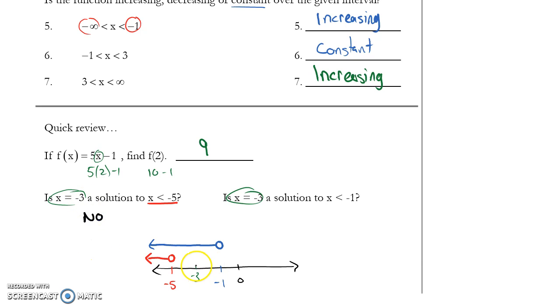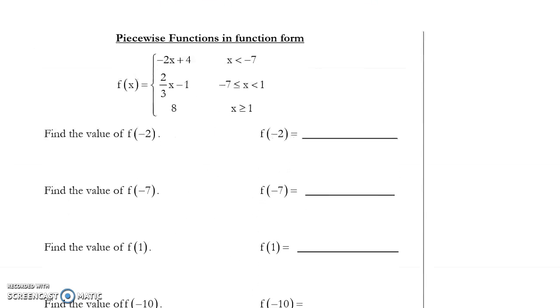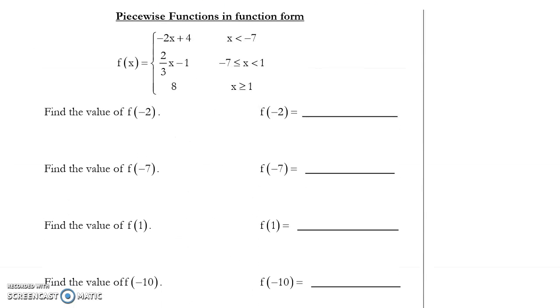No here, because -3 is not a part of that shaded area for less than -5, but yes here, because -3 is a part of the shaded solution for x is less than -1. It's going to be really important that we have this skill, being able to check if a value of x is a solution to an inequality, as we look at the next page and analyze piecewise functions in function form.